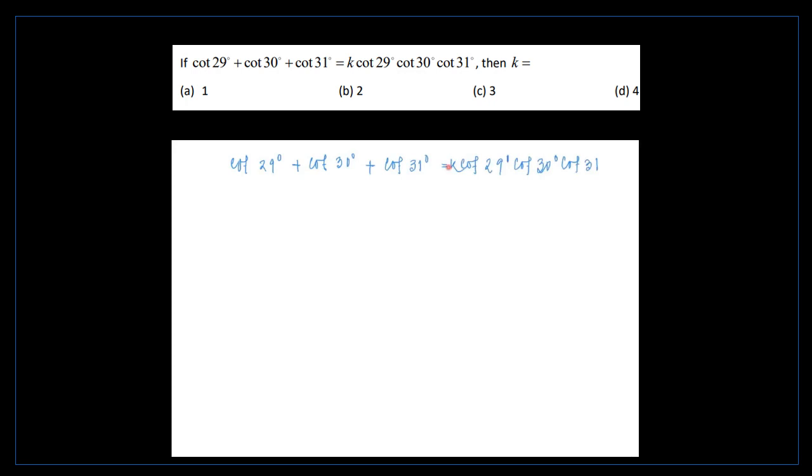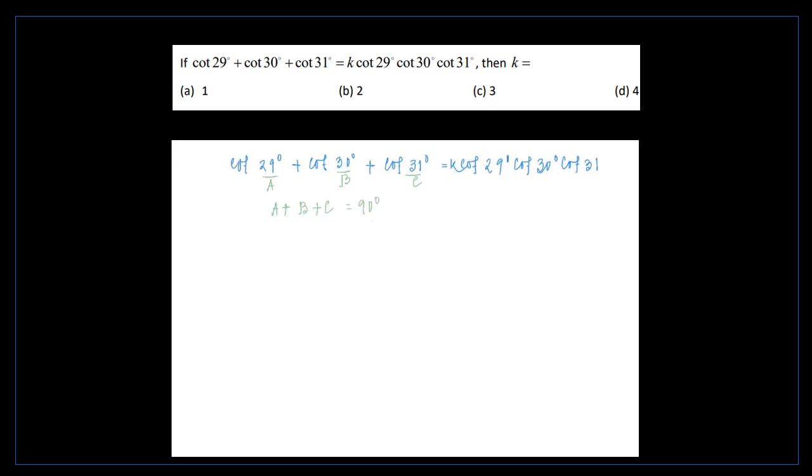What we will do, we can just understand that this is A, this is B, and this is C. So we have here A plus B plus C, and we can express it in degrees because the angles are given in degrees, equal to 90 degree.